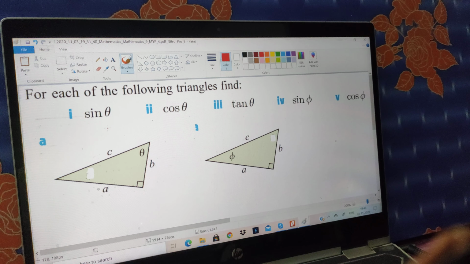If you remember, we have learned this. Sine theta is opposite upon hypotenuse, cos theta is adjacent upon hypotenuse, and tan theta is opposite upon adjacent.